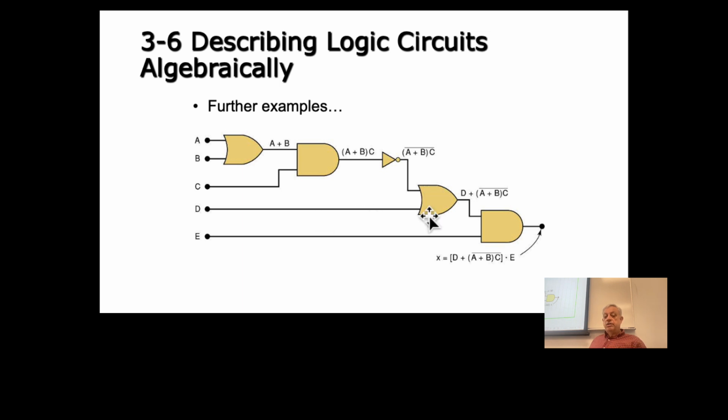That OR gate has D coming in on the other line. So the first line gives me this expression, ORing it against D. Then I bring E in on an AND gate, and I've got this whole expression multiplied or ANDed against E.